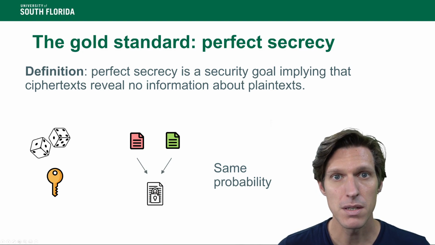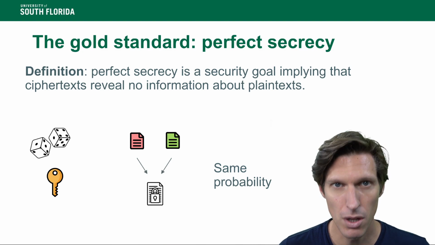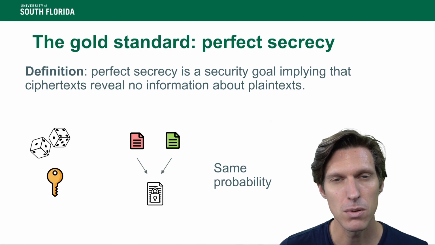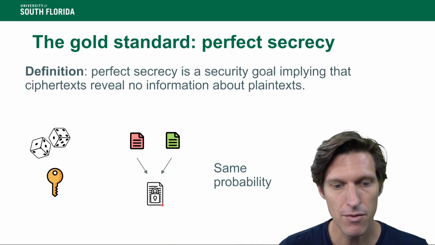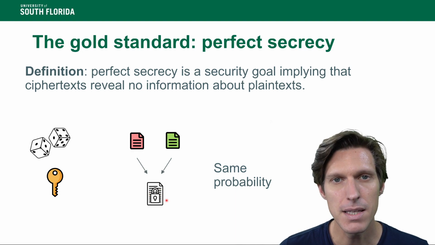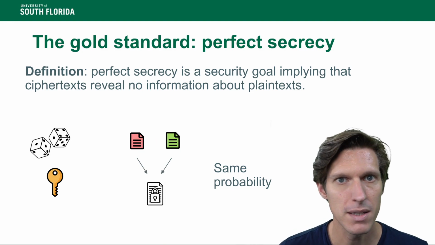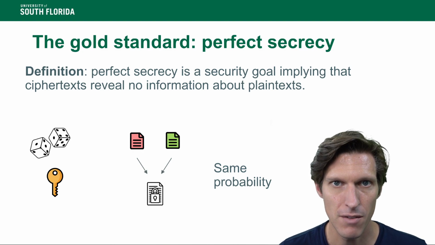So there is really nothing you can learn. It is the mathematical formulation of the intuition that the ciphertext does not give you any information whatsoever about the plaintext. For two possible plaintexts, there's never one that's more likely to be the one encrypted in that ciphertext than the other.